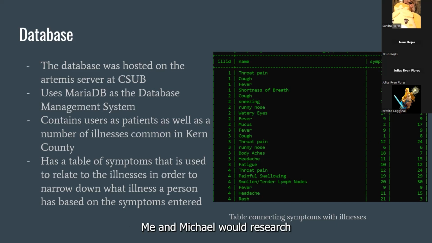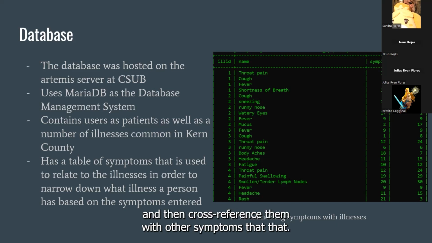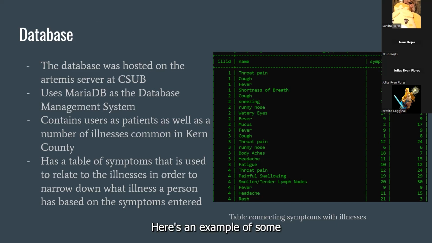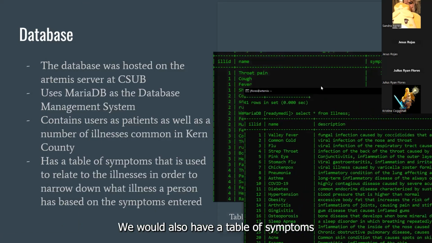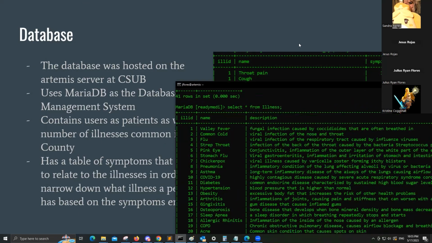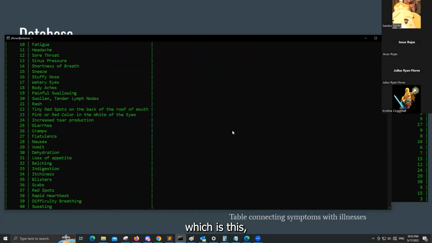Me and Michael would research using Medline.gov or MedlinePlus.gov to search for illnesses and then cross-reference them with all the symptoms that they had. Here's an example of the illnesses. You would also have a table of symptoms, which is this.